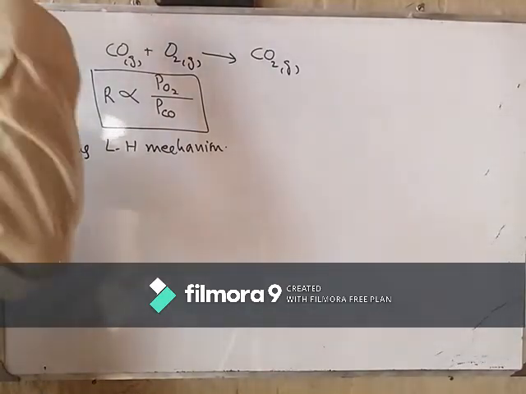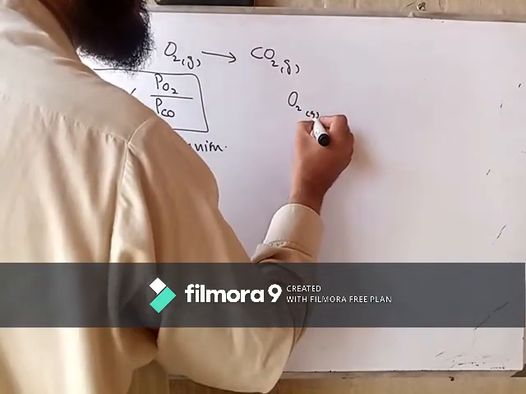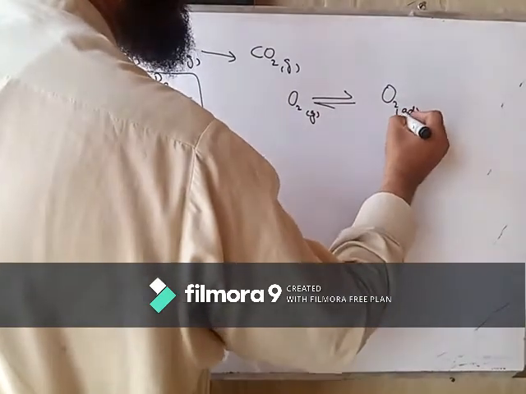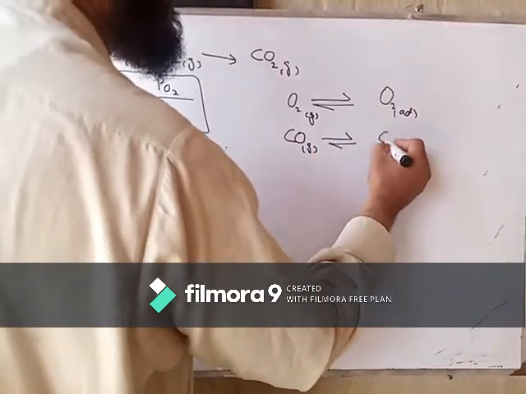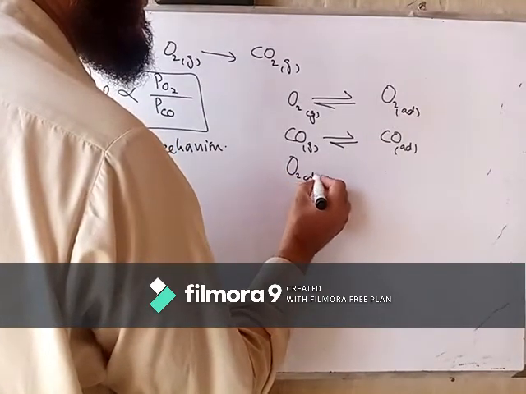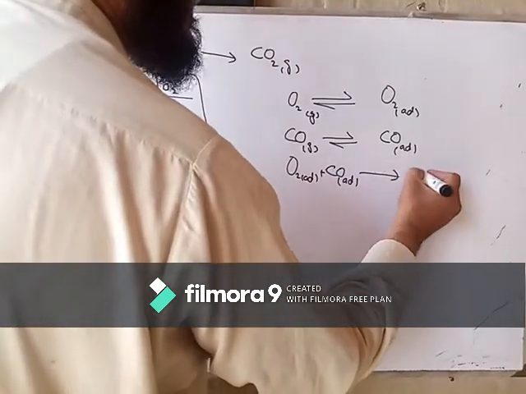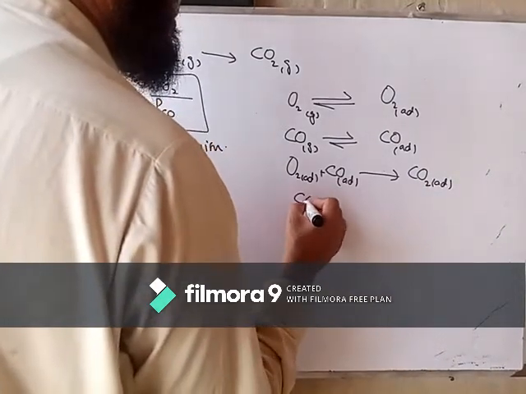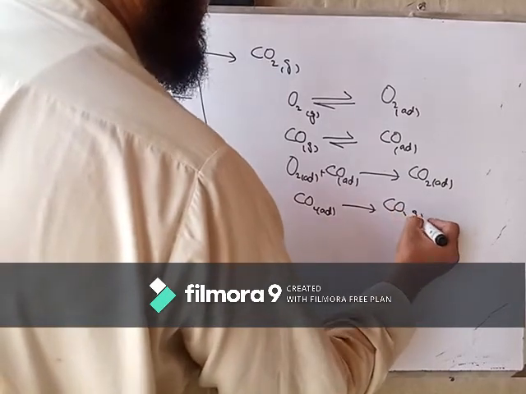What is the LH mechanism? First, oxygen in the gas phase moves toward the surface and is adsorbed. Similarly, carbon monoxide in the gas phase moves toward the surface and is adsorbed. Then oxygen in adsorbed form and carbon monoxide in adsorbed form react and give carbon dioxide in adsorbed form, and then carbon dioxide in the gaseous phase.